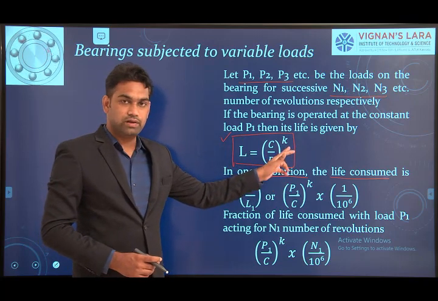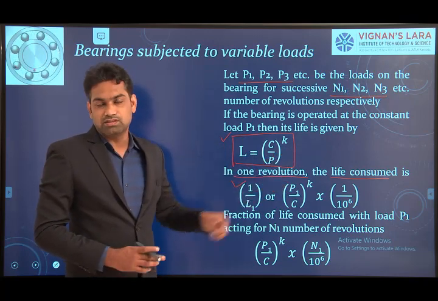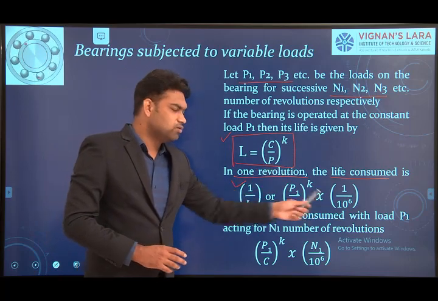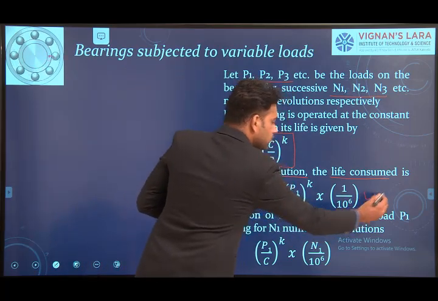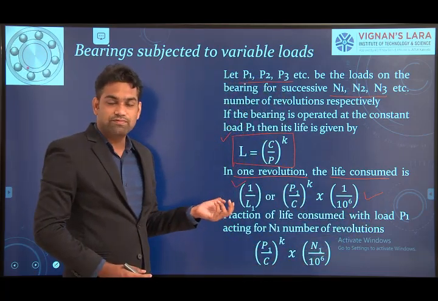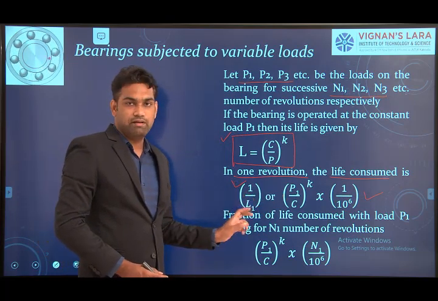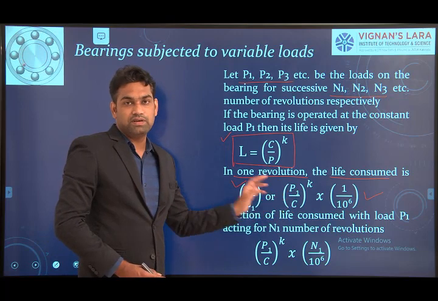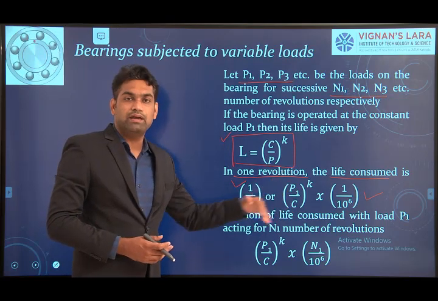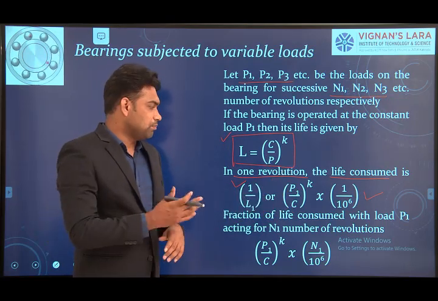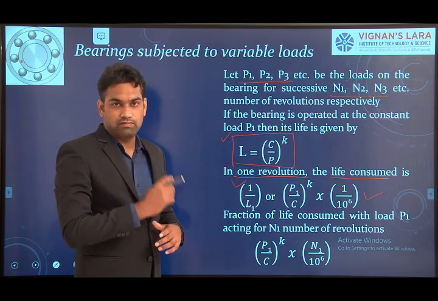Here we write life in million revolutions, but here we write it as a number of revolutions. So this can be written as P1 by C whole power K into 1 by 10 power 6 for one revolution.